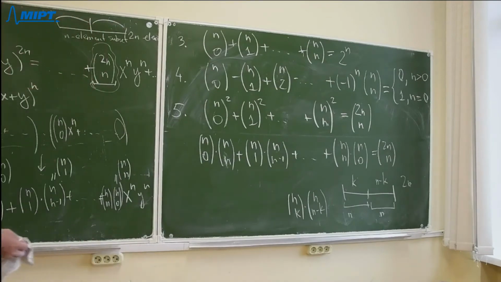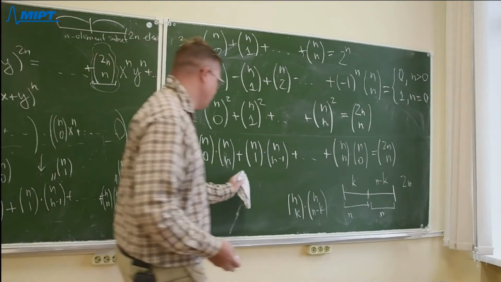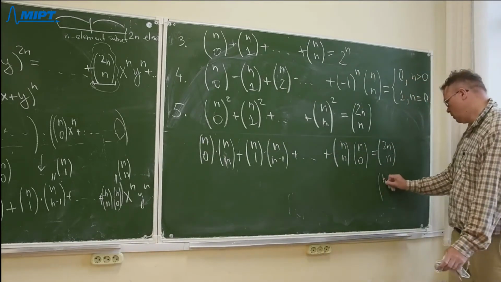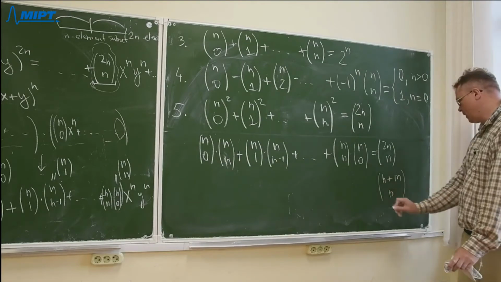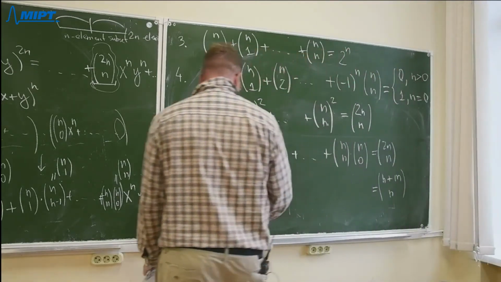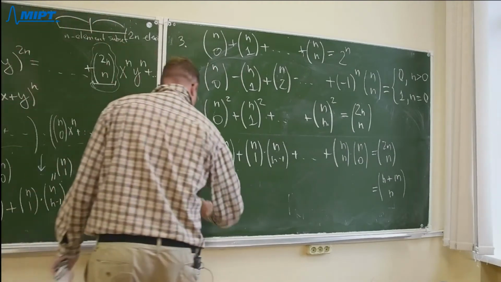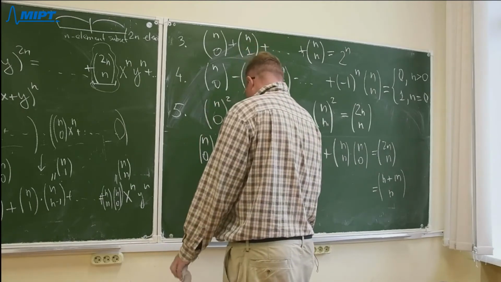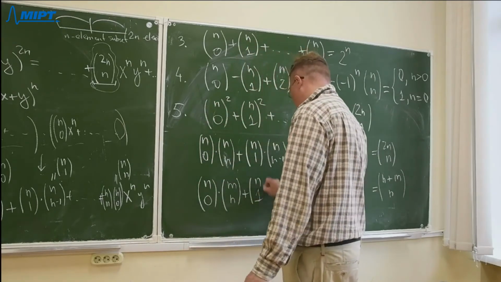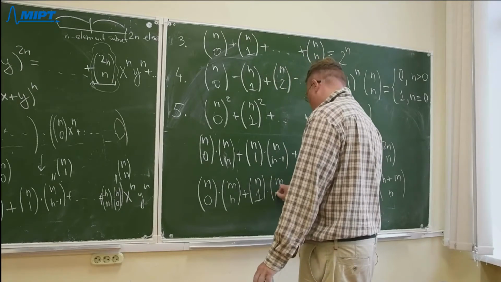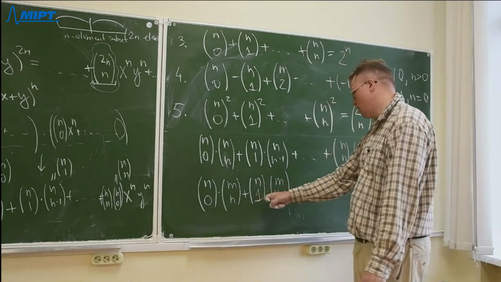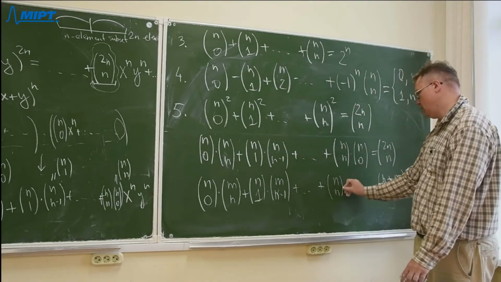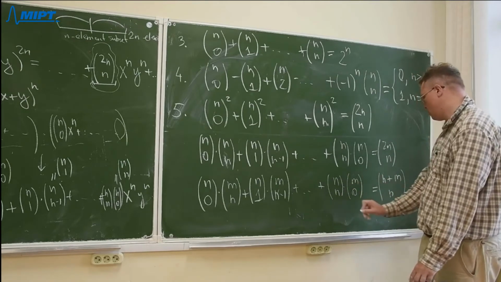And we can generalize this formula by writing something like n plus m choose n will be equal to n choose 0 times m choose n plus n choose 1 times m choose n minus 1 plus etc. plus n choose n times m choose 0.